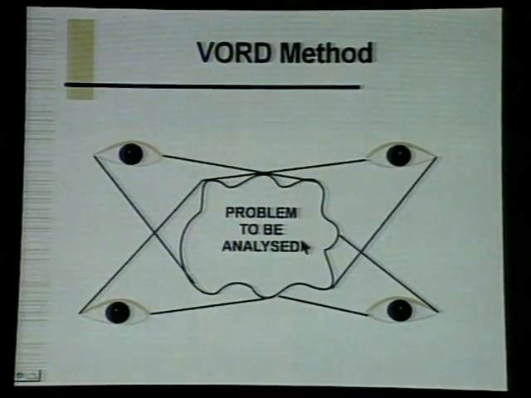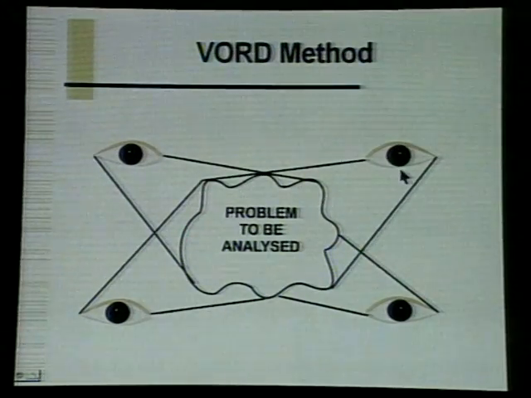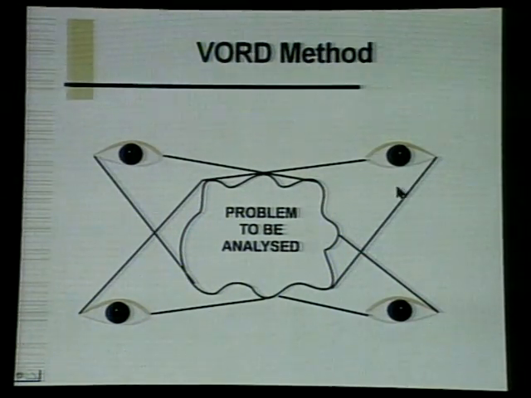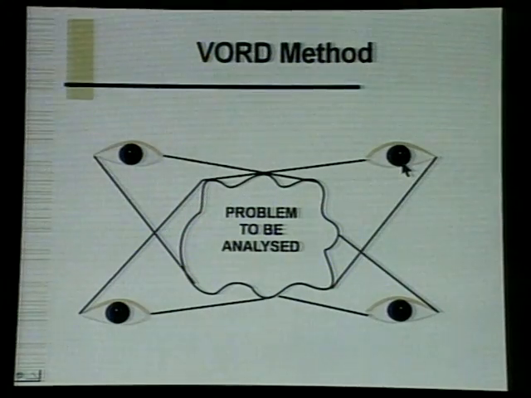The problem which is to be analyzed will be looked at from different viewpoints. The question is only, what is a viewpoint? Different people define the viewpoint in different ways. But we'll define a viewpoint as anything or any entity which is external to the system.